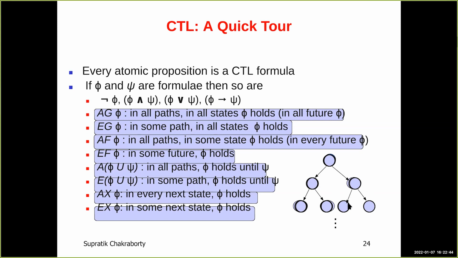So I can position myself at any state and ask whether a particular formula holds by looking at the infinite tree rooted at that state. Remember, this whole thing is an infinite computation tree. No matter where you position yourself, you'll see an infinite tree going out from there, and you answer the question whether the property holds for that infinite tree.